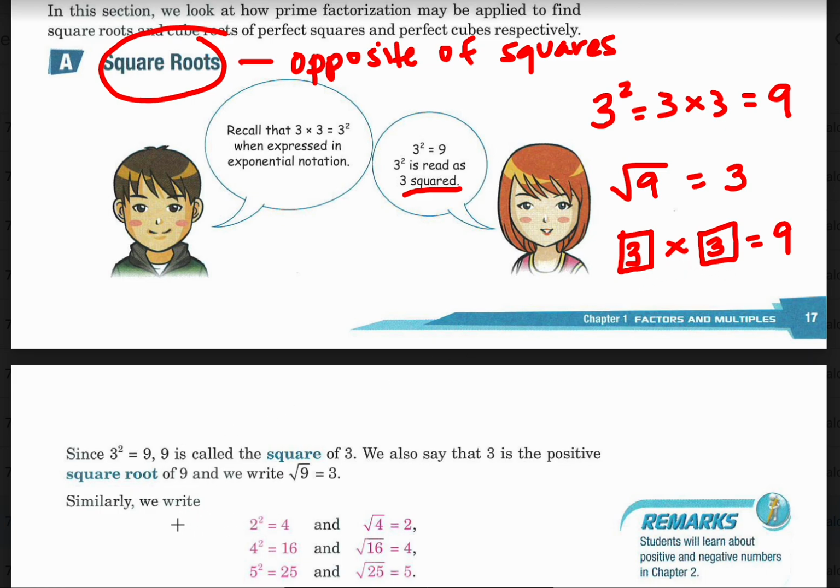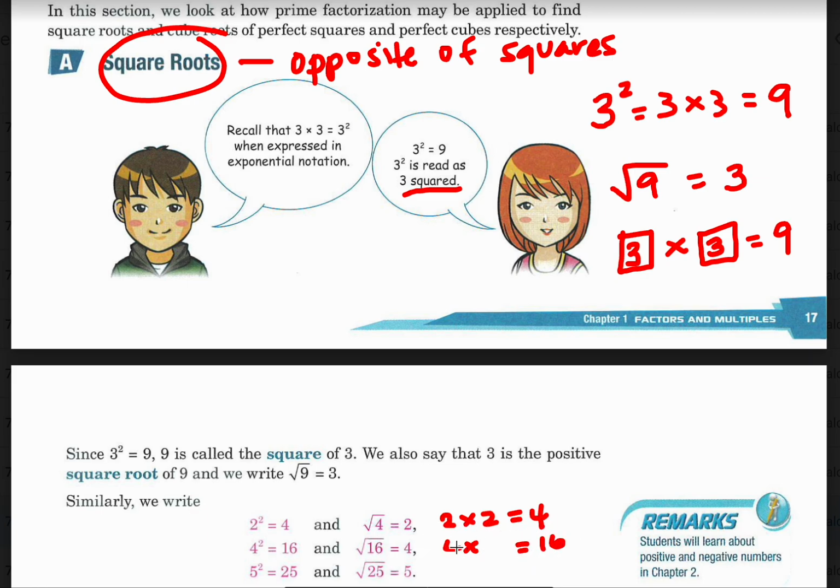2 squared is really 2 times 2 to equal 4. And working backwards, the square root of 4 is equal to 2 because 2 times 2 got us to 4. 4 squared, 4 times 4 equals 16 going forwards, and the square root of 16 is asking us which number had to multiply by itself twice to get to 16.